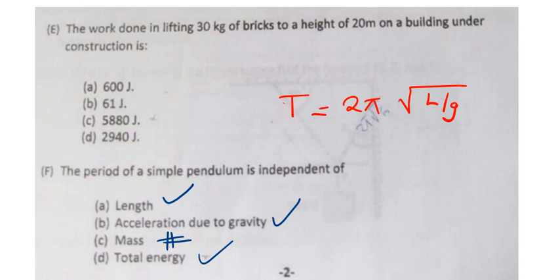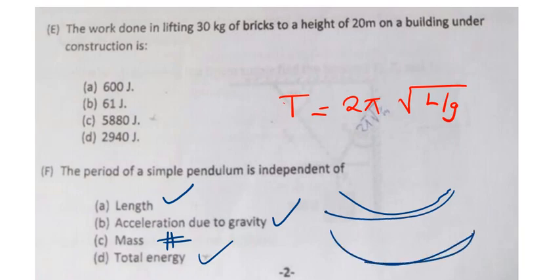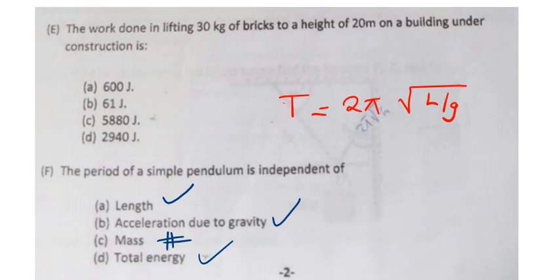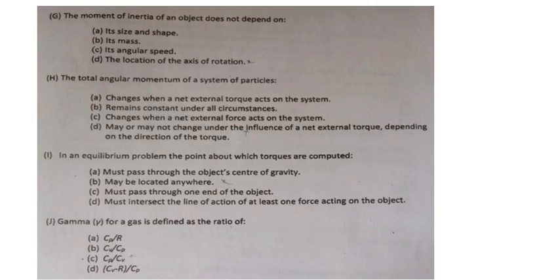And period is just the time it takes for this pendulum to complete one full oscillation. It goes, it comes back, it goes, it comes back. That's one complete revolution. That is very important for us to understand.